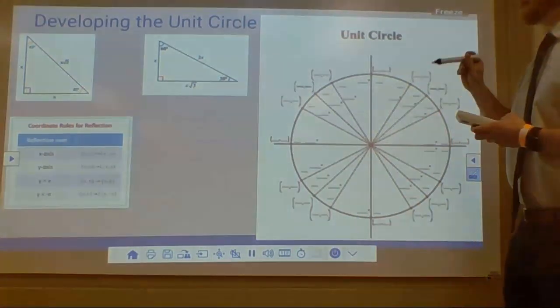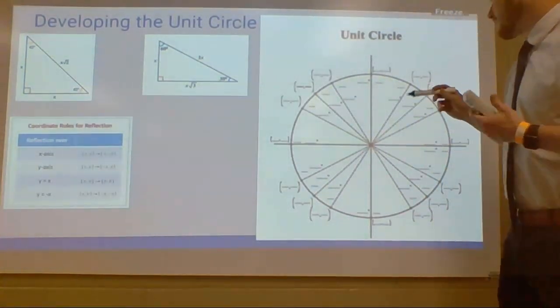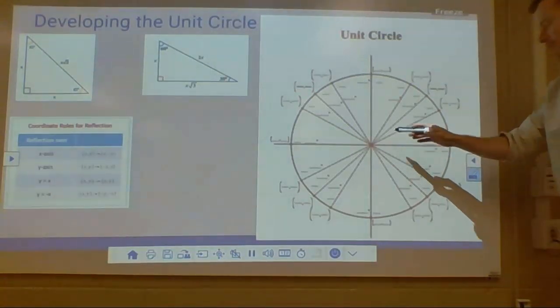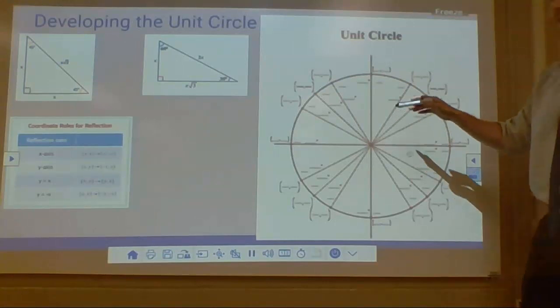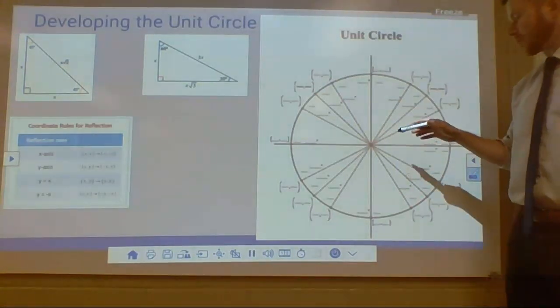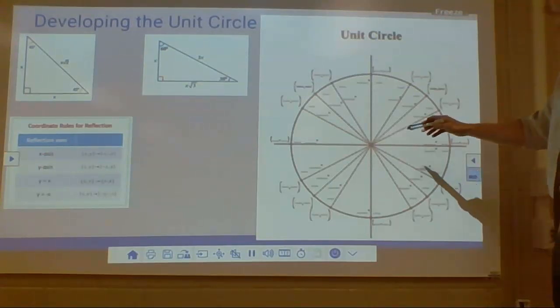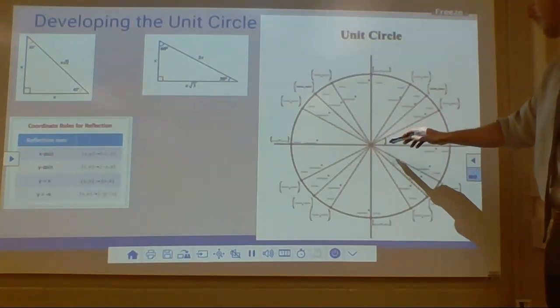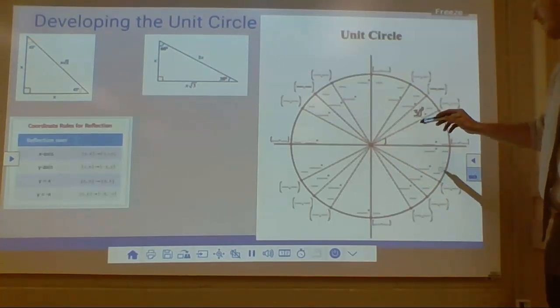All right, so now let's talk about how to develop the unit circle, where it comes from. So all these lines here that you see inside this unit circle, they refer to special angles that we're going to learn about, okay? So we're going to have like different angles that we'll be learning. Like this is going to be a 30-degree angle, okay?